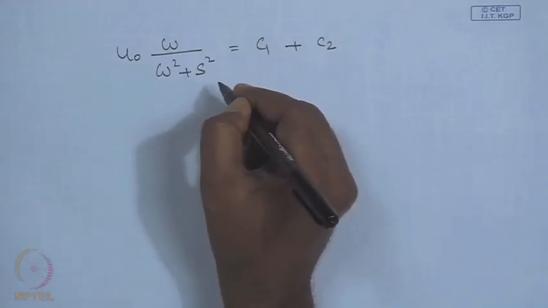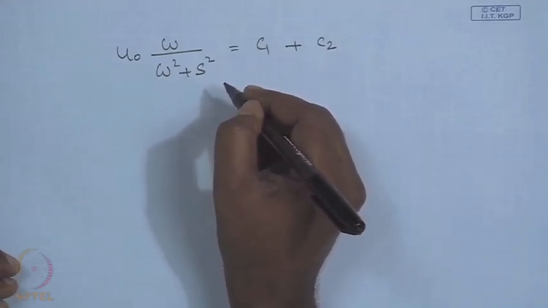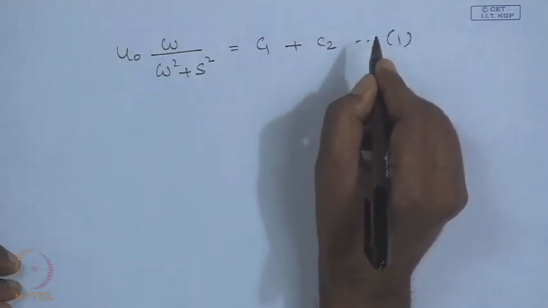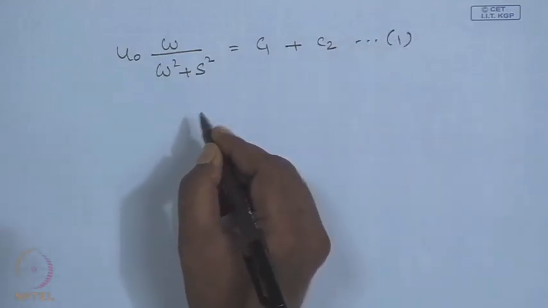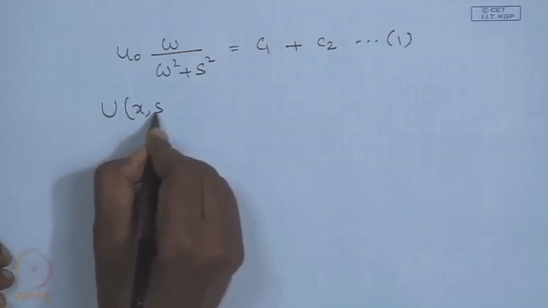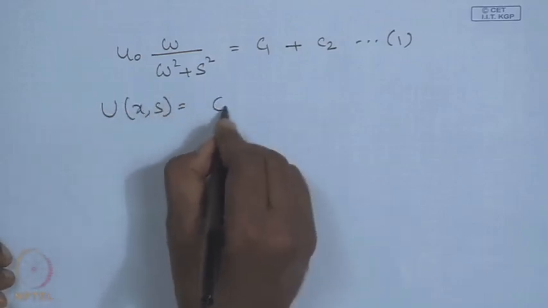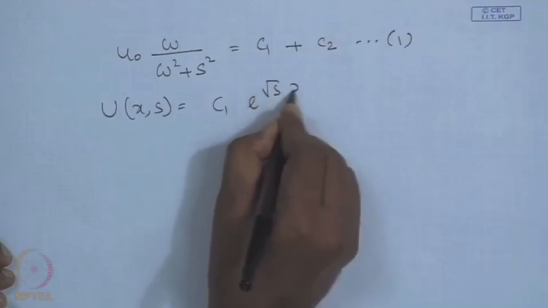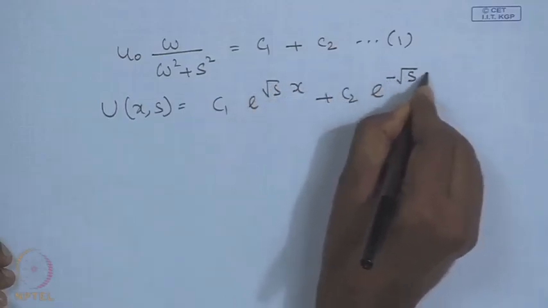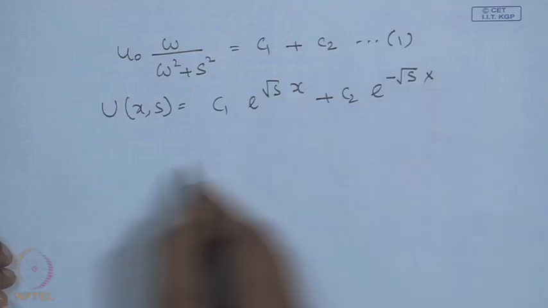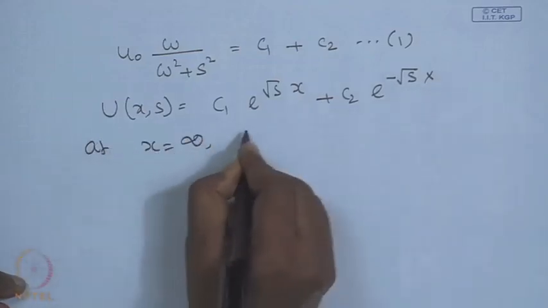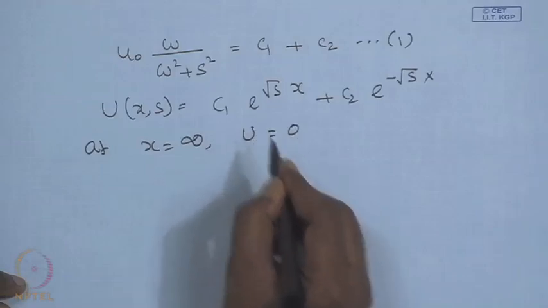So, this will be equation number 1. Now, let us look into the other boundary condition. The solution is u of x and s is C1 e to the power root over s x plus C2 e to the power minus root over s x. Now, if you put the other boundary condition, that at x is equal to infinity, u is equal to 0.